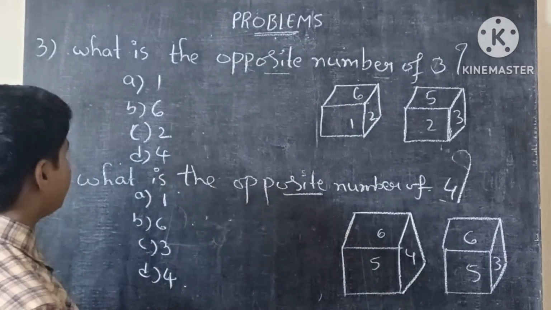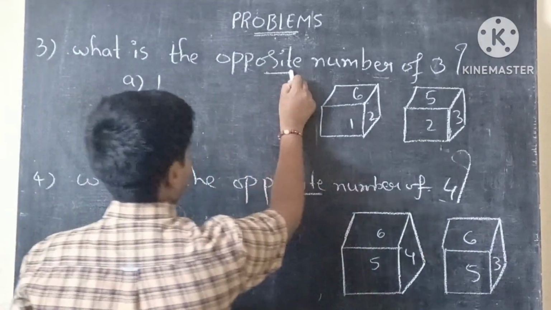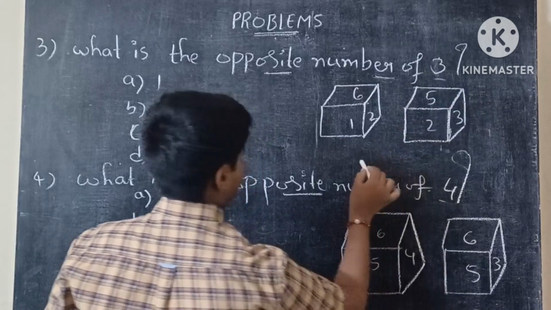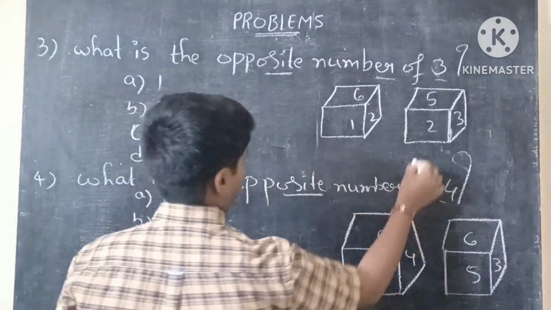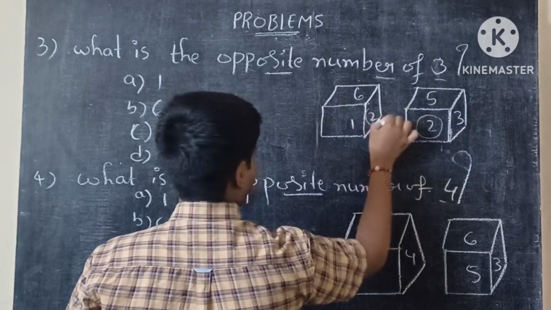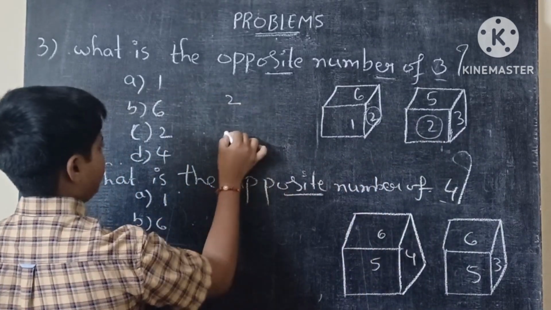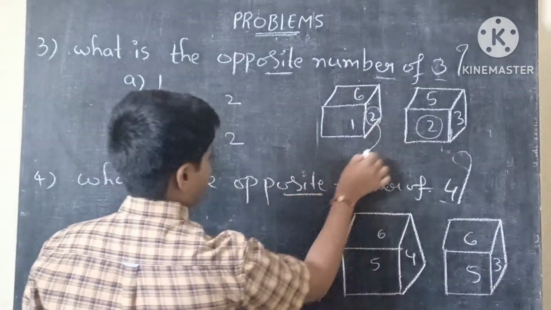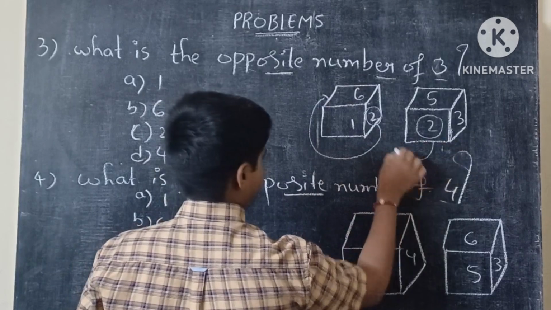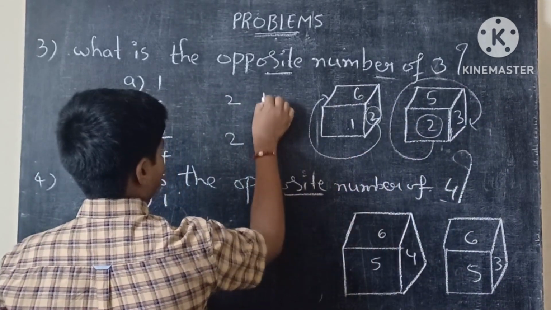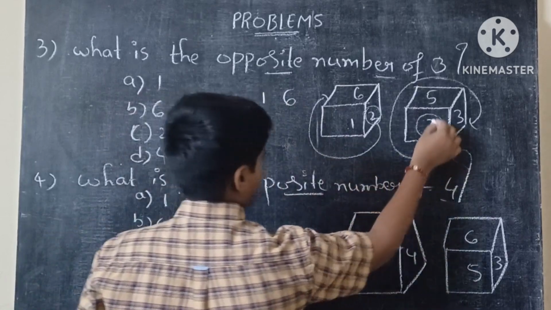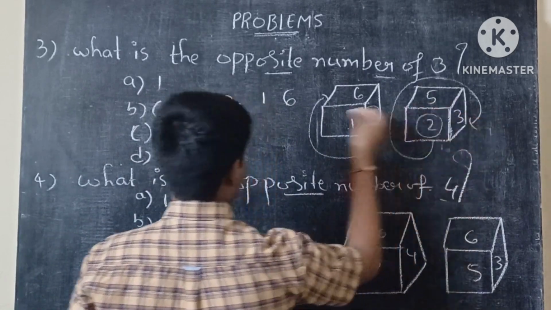And the third question, what is the opposite number of 3 in the given dice? First we have to take the common number. The common number is 2, and write 2 and 2 and write the clockwise numbers. Clockwise numbers are 2, 1, 6 and here 2, 5, 3.